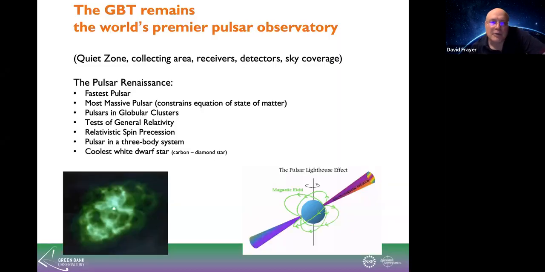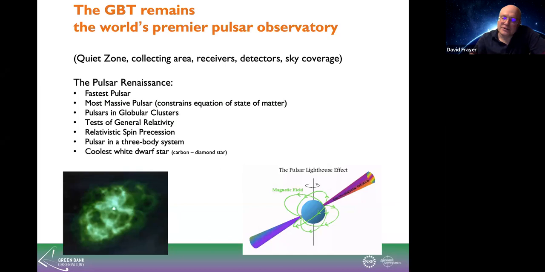The pulsar aspect of it, people argue, and I'm not going to disagree, is that the GBT remains the world's premier pulsar observatory. Unfortunately, Arecibo has collapsed. They have some sensitivity, but the GBT can see a wide range, 85% of the total sky. So there are a lot of pulsars.